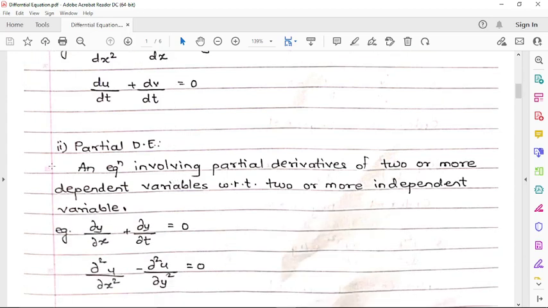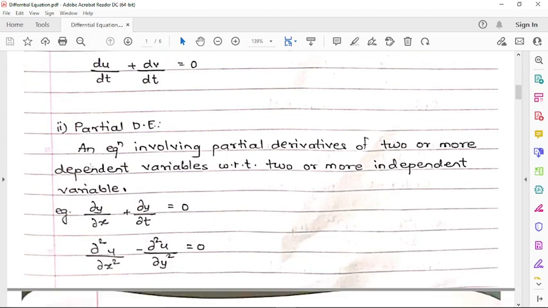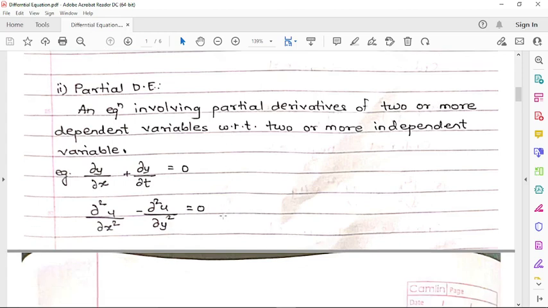Then partial differential equation. I am reading this definition: an equation involving partial derivatives of two or more dependent variables with respect to two or more independent variables. Before reading the example, let us focus on these words: two or more independent variables.